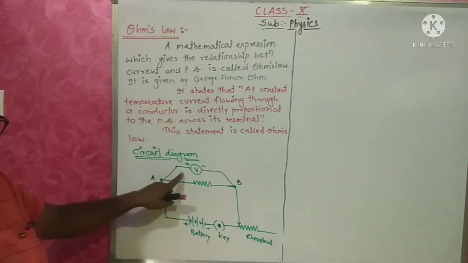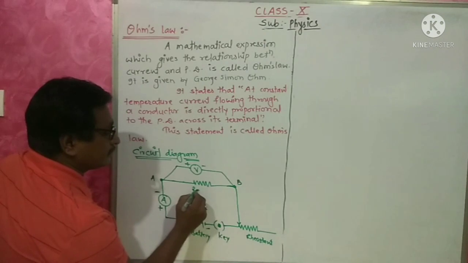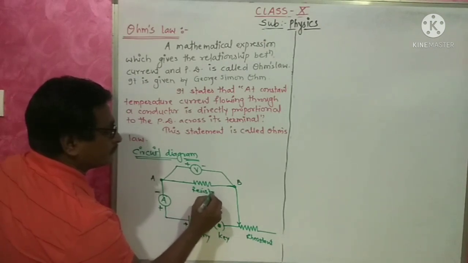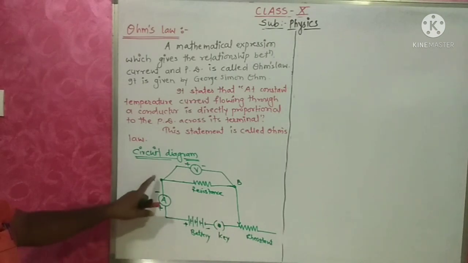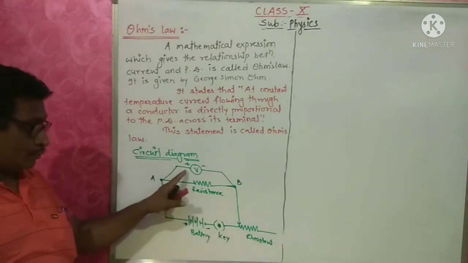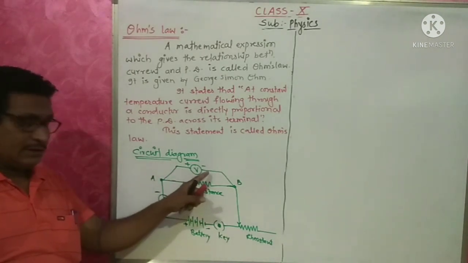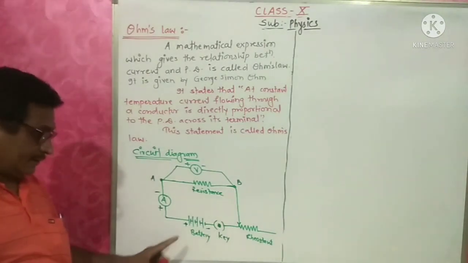Voltmeter is always connected in parallel to the resistance, and ammeter is always connected in series. To measure the potential difference, voltmeter. To measure the current in the circuit, ammeter.